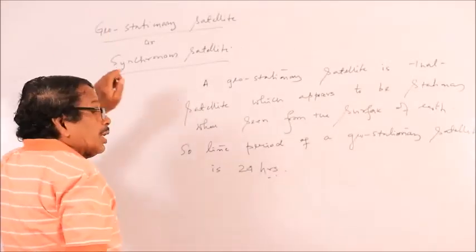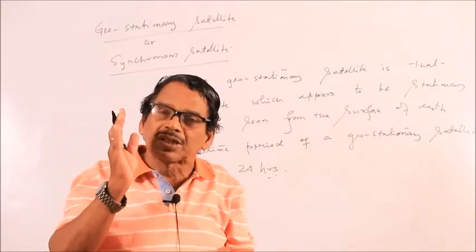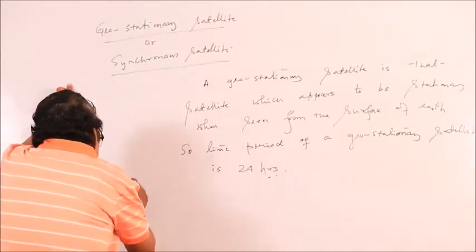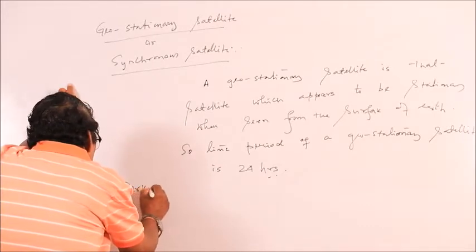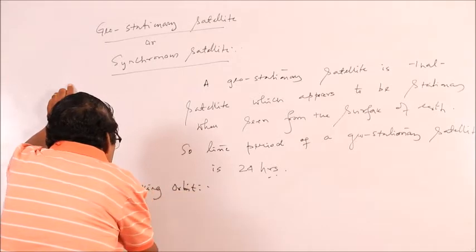Clear? Then what is the nature of the orbit? The orbit in which a geostationary satellite revolves is called parking orbit. What does it mean by parking orbit?